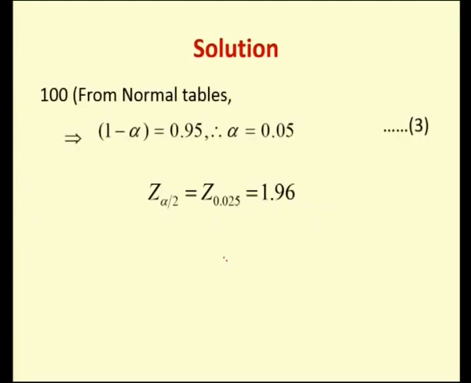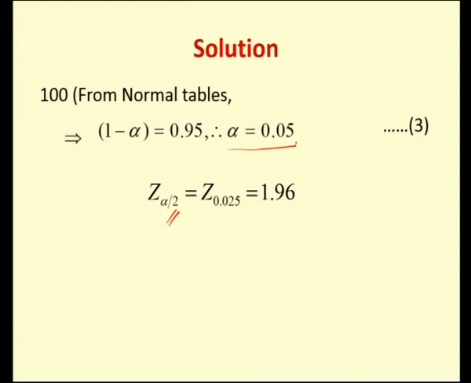Apart from that, from normal tables, we have to find out the value of z alpha by 2. Here, we are going to find out the 95% confidence interval. Therefore, 100 into 1 minus alpha will become 0.95. Therefore, alpha is equal to 0.05.